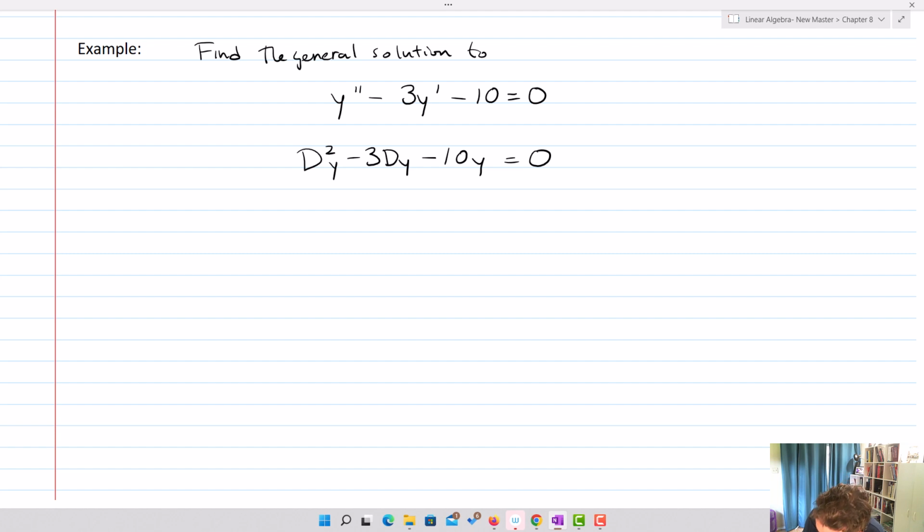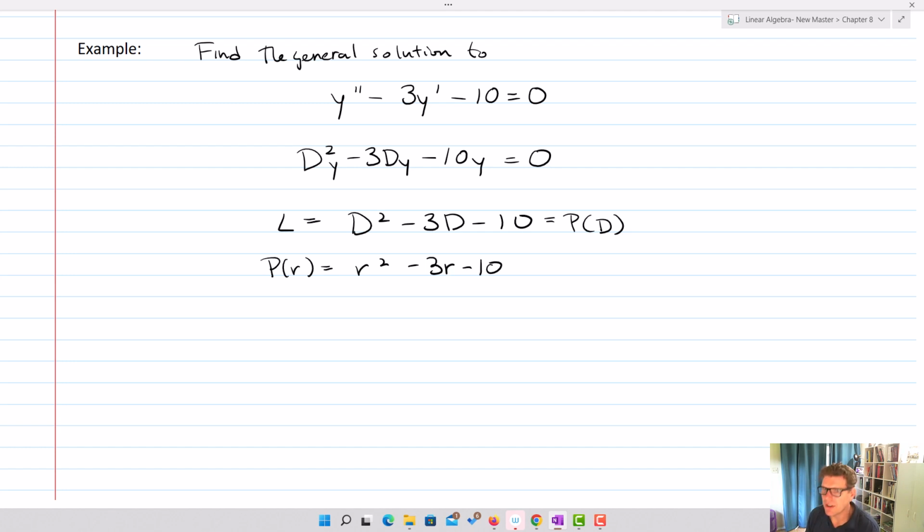So we're going to pull this out. L is going to be d squared minus 3d minus 10. Okay? And we call this P of d. Just for our purposes, it's called the polynomial differential operator. We're going to replace d with r, and we get P of r equals r squared minus 3r minus 10. And you'll notice that that's your auxiliary polynomial.